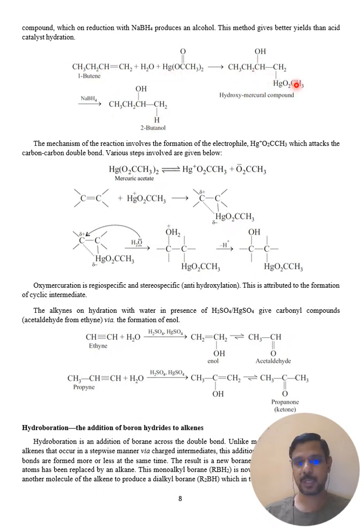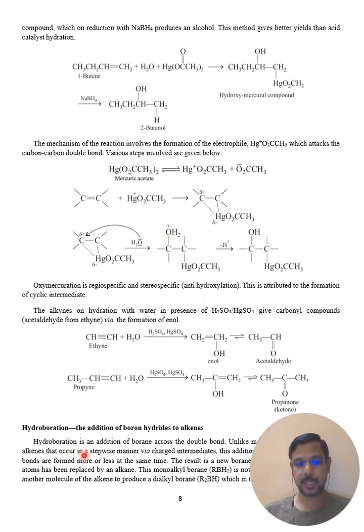So after this mercury compound formation, we add sodium borohydride. That sodium borohydride will reduce this hydroxy mercury compound and produce the alcohol, that is 2-butanol. So this is a reagent we use for alcohol formation in addition reactions.